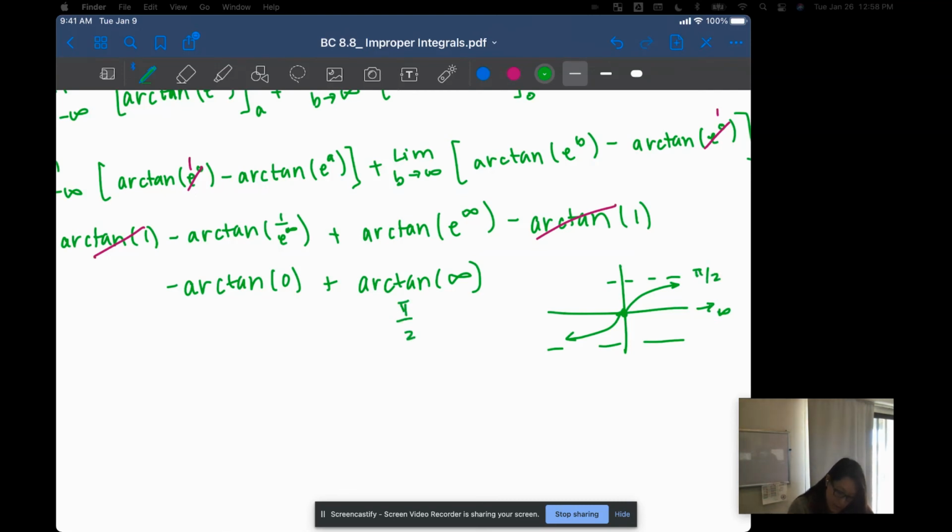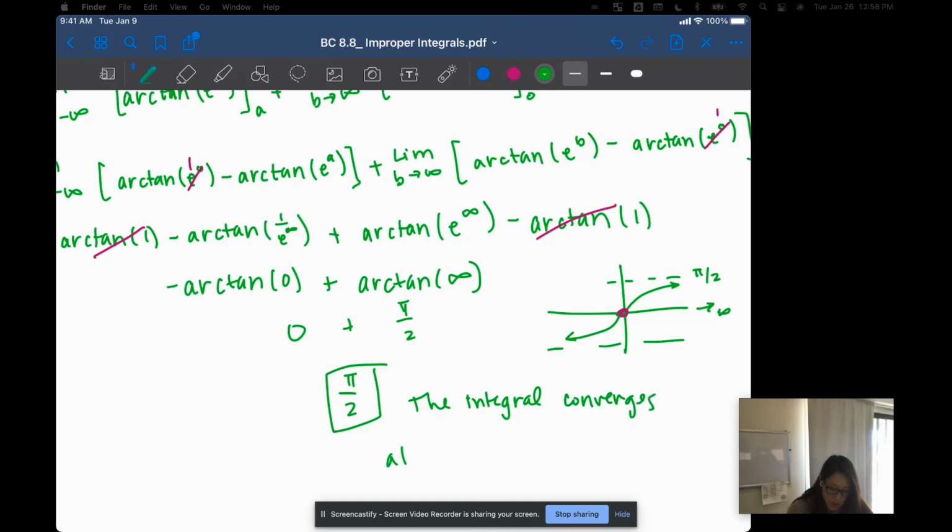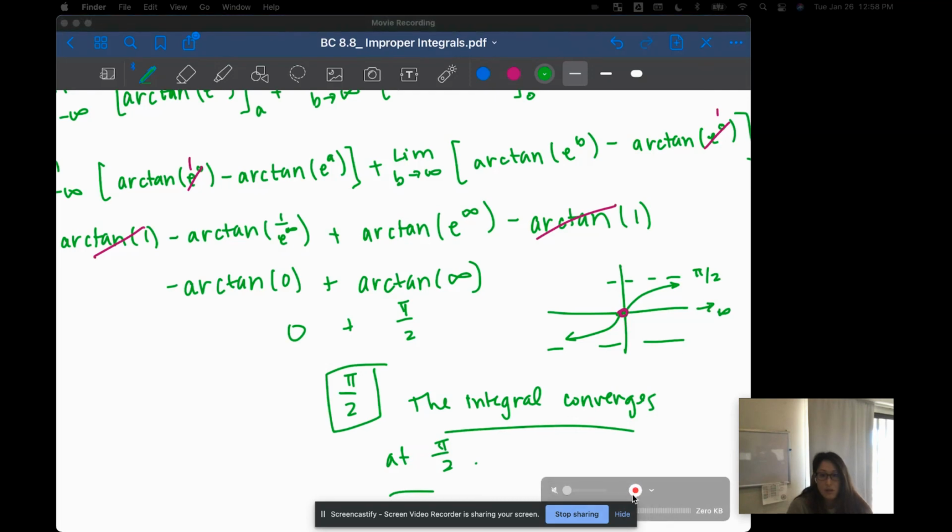And the arctan of 0 is 0. So plus 0. So I end up with pi over 2. So the integral converges at pi over 2. Okay, that's it.